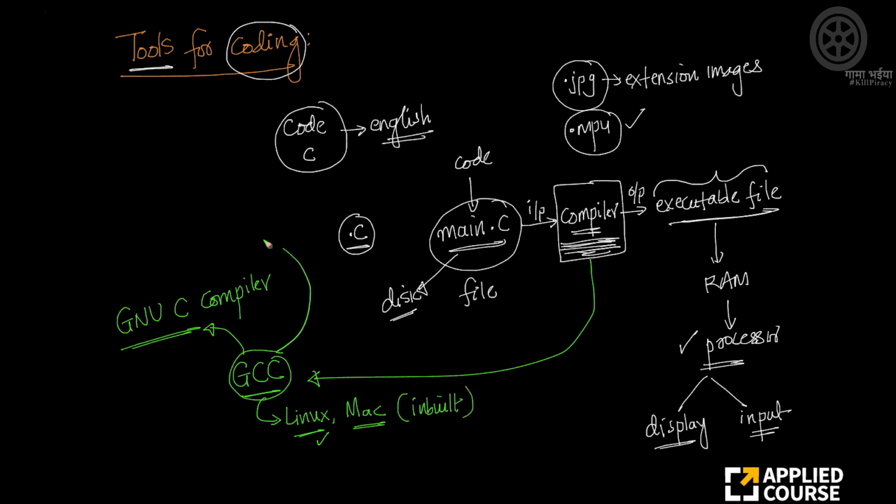But if you are using a Windows box, either Windows 7, 8, 10, whatever version, GCC does not come inbuilt. You will have to install additional software to get a C compiler, to which you will give the C program as input, which will generate an executable file.